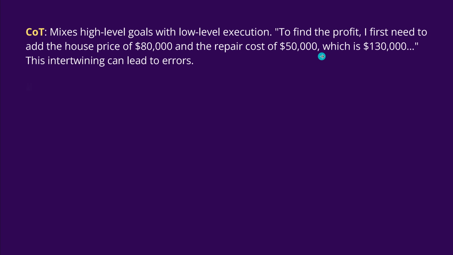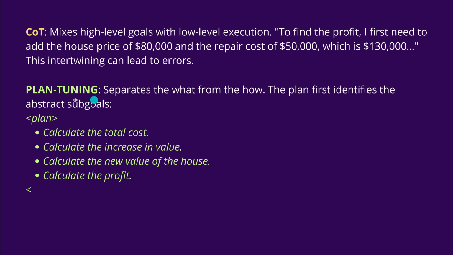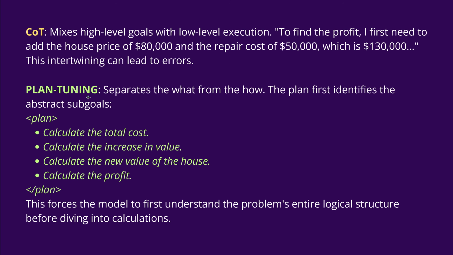Chain of thought for this problem is this. But with plan tuning, what we're seeing today, if you really have here the extraction of a GPT-5 plan, as easy as it is for a human, for a small language model, a 1 billion model, if it has this template to help: calculate the total cost, calculate the increase in value, calculate the new value of the house, calculate then the profit.